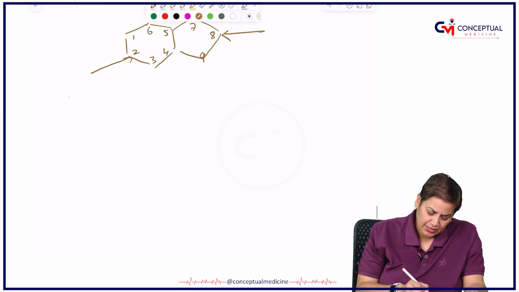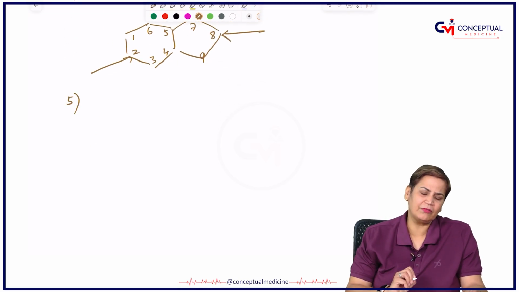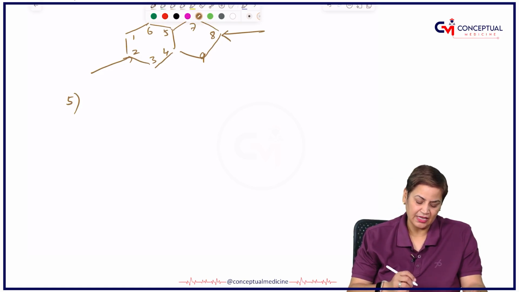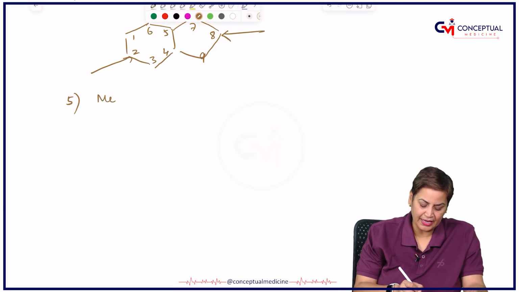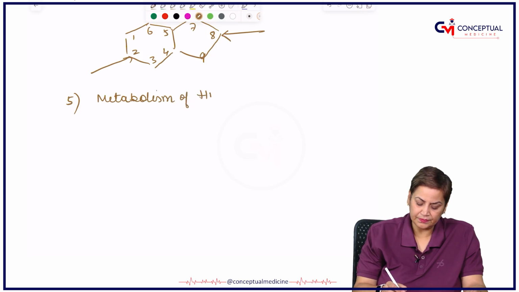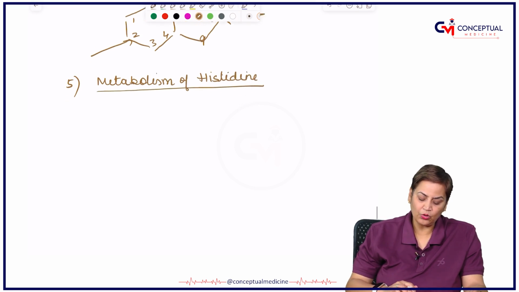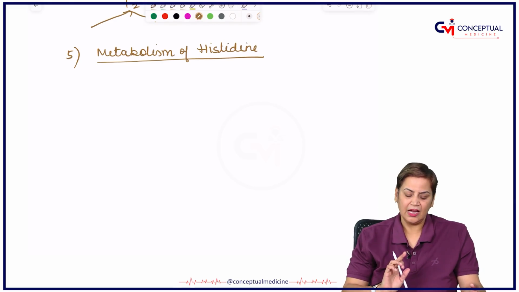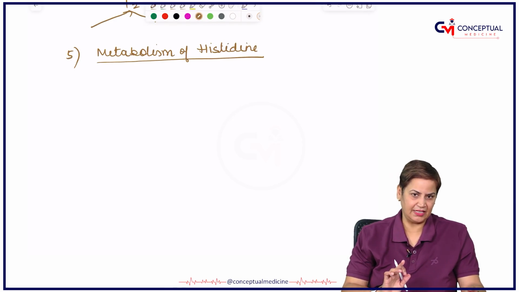Then one more important function of folic acid is that it plays a very important role in the metabolism of histidine. So what role does it have to play in the metabolism of histidine? We all know histidine is a very important, essential amino acid which is basic in nature also.